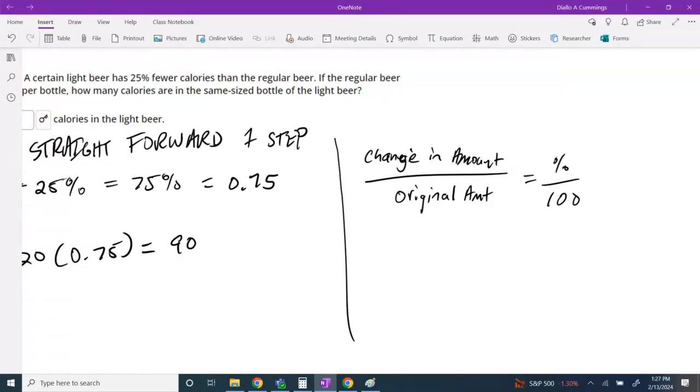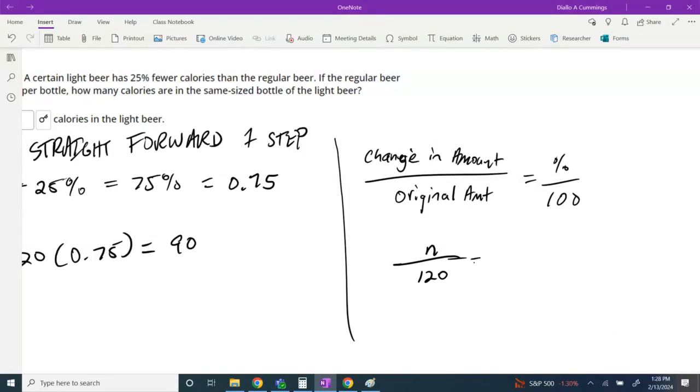So notice this won't give you the new amount, right? The only thing we can find here is the change. So I want to find the change in calories, so that's going to represent N divided by the original amount of calories, which is 120.